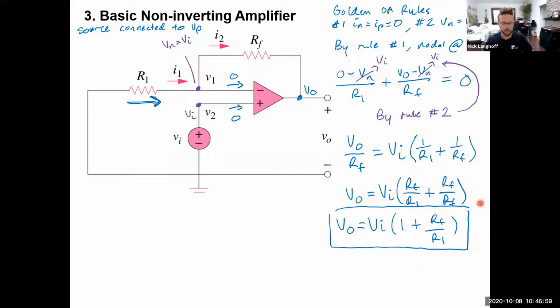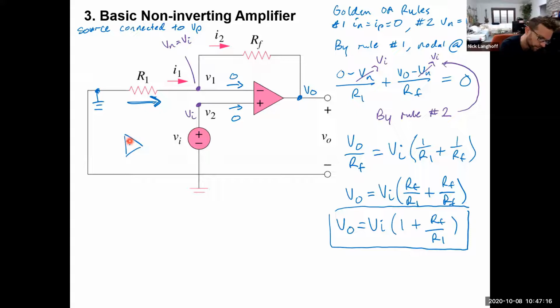So whenever you see an amplifier that looks this way, oftentimes notice too that R1, the other resistor, is tied down to ground. Sometimes it might look more like this.